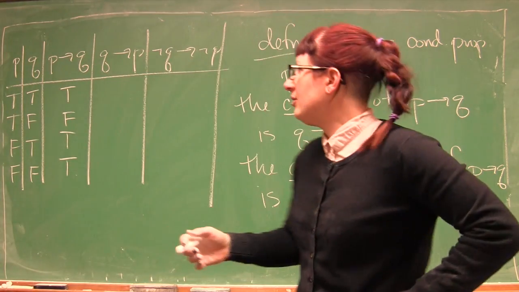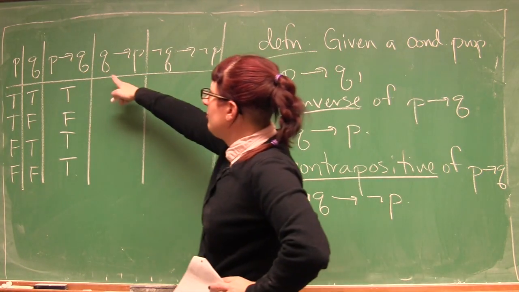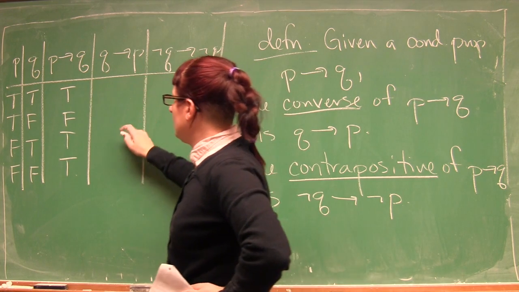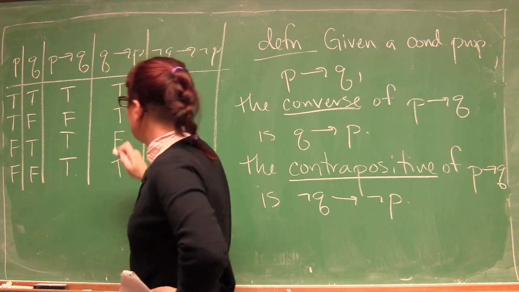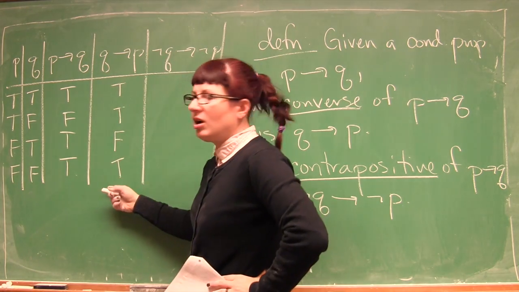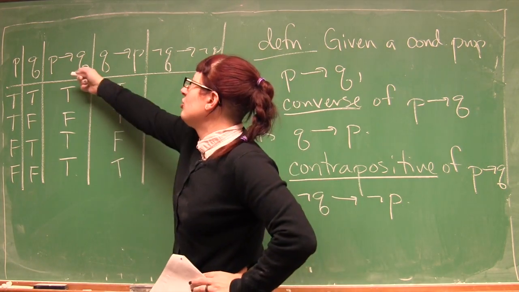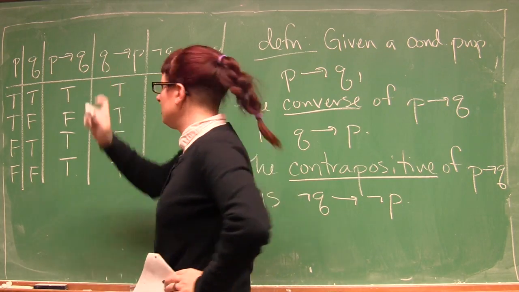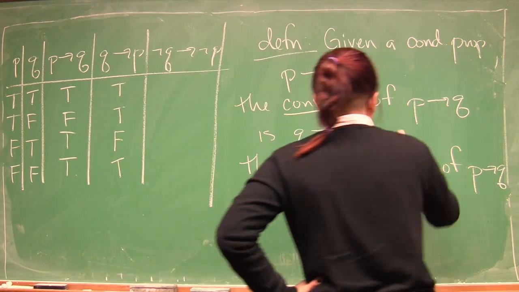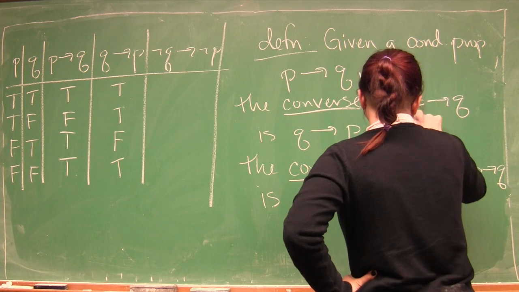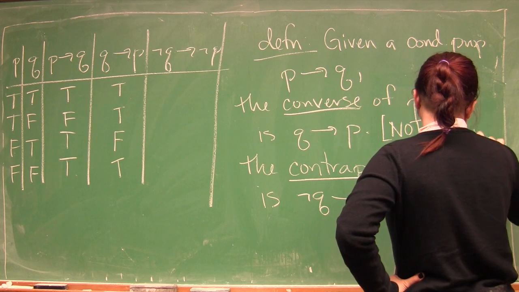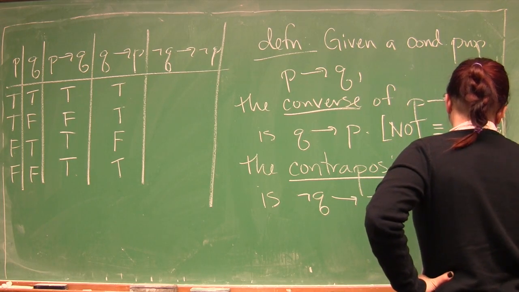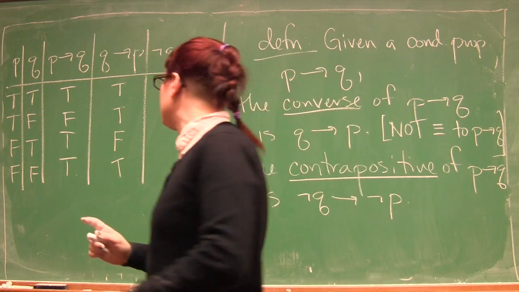Same goes for Q implies P. It's only false if Q is true and P is false. So that's this third row, and in all the other cases it's true. So we see immediately that these two columns are not the same, so these are not logically equivalent. These are very different statements.